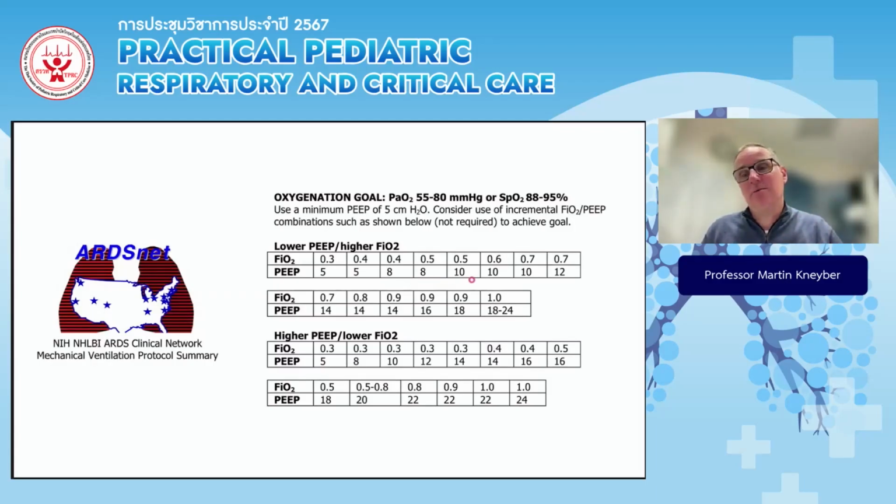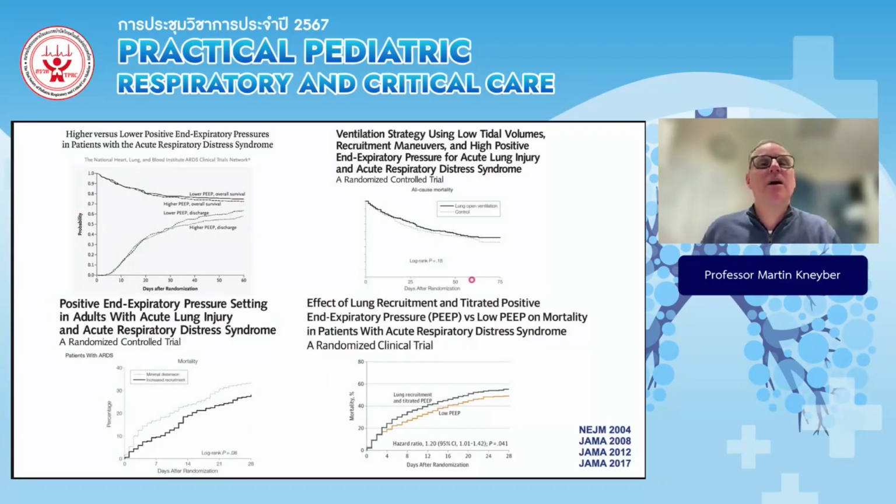Now, these tables are not related to physiology, have not been validated. It's a consensus approach. And this probably explains why, if you examine the adult trials comparing two different PEEP strategies, overall, there was no effect on survival.